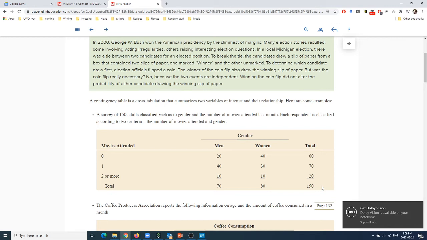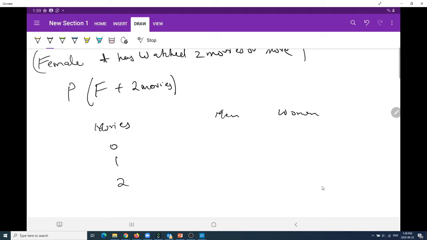You could think about this as, let me try and draw this table. Movies 0, 1, 2, then men and women. When you represent this table, here you have some values: 20, 40, 10.